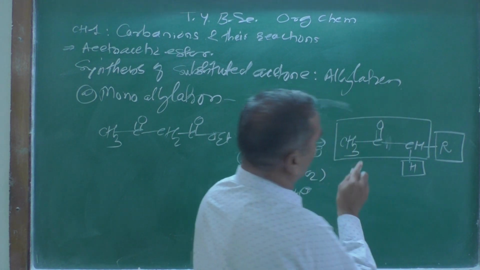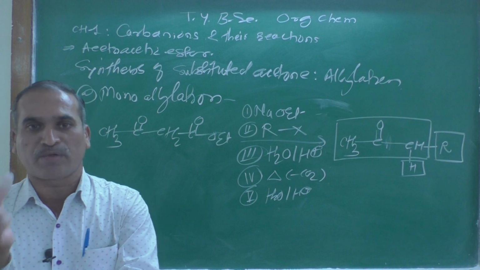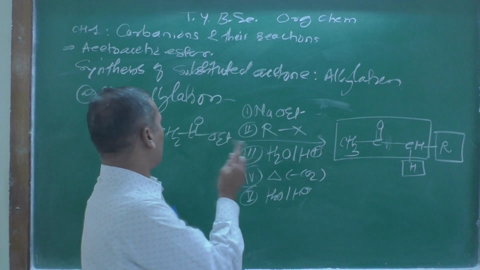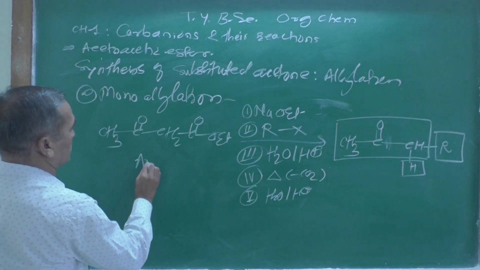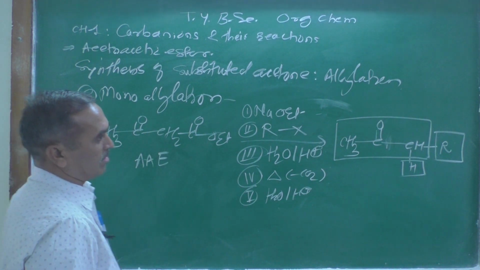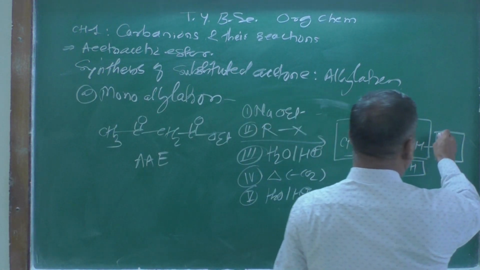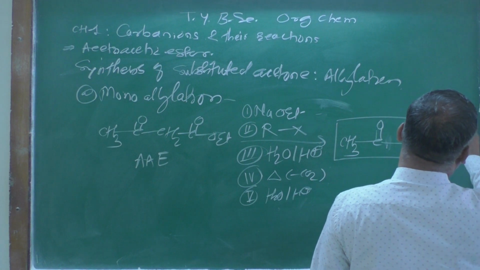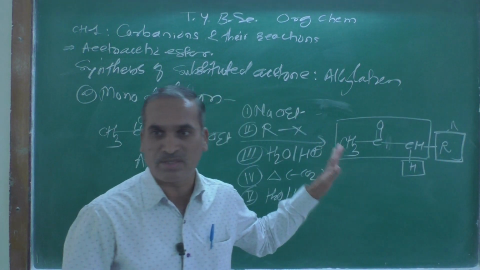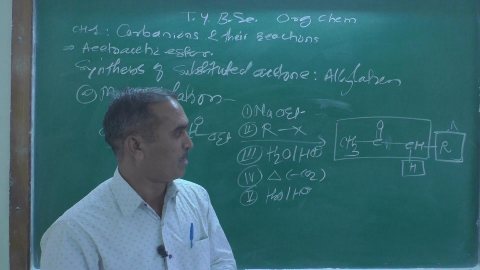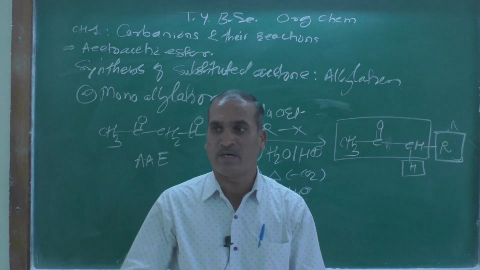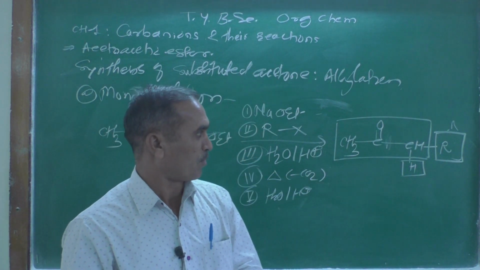Now when you observe this structure carefully, what do you see over here? CH3 C double bond O CH, this part is coming from the acetoacetic ester, and here R, this part is coming from the alkyl halide, and this H, where is it coming from? It is coming from the solvent, that is protonation.